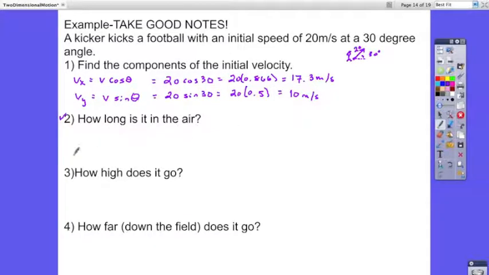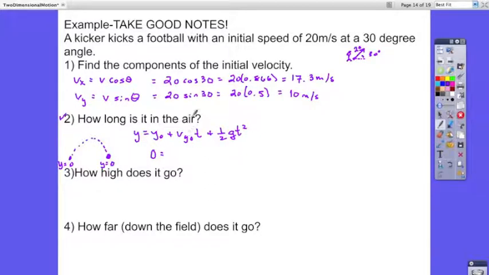If I have a projectile, and it goes up to a peak, and it comes down, the y value is 0 at the beginning and at the end. So if we look at our equation, the big one, y equals y0 plus vy0t plus 1/2 gt squared. These two things are 0, so we get 0 equals vy0t.